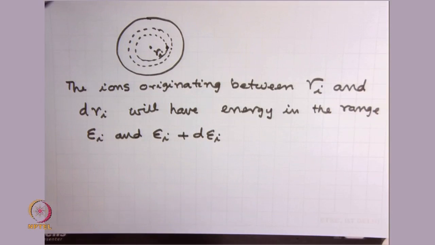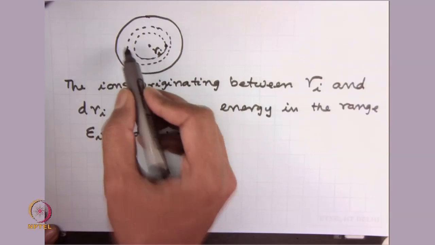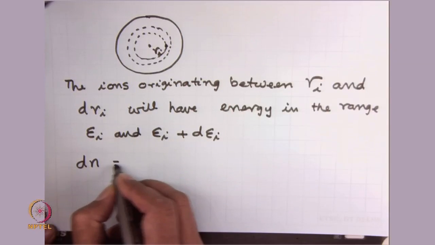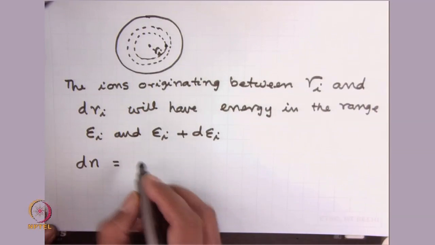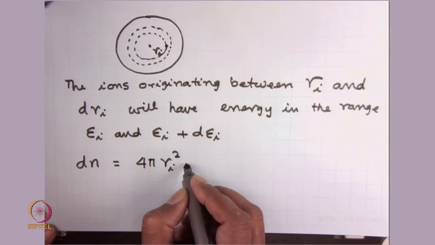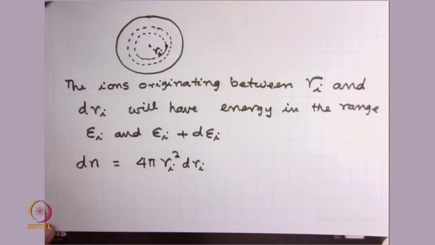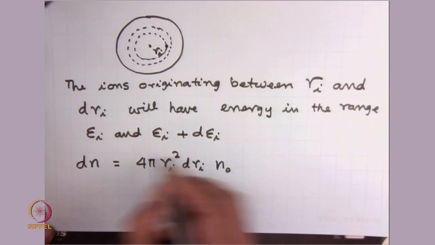What I am saying here is, what is the number of ions contained in between these two concentric spheres? Let their number be dn. That would be the total volume of this region, which is 4 pi Ri square dRi, and the number of ions per unit volume is N0.